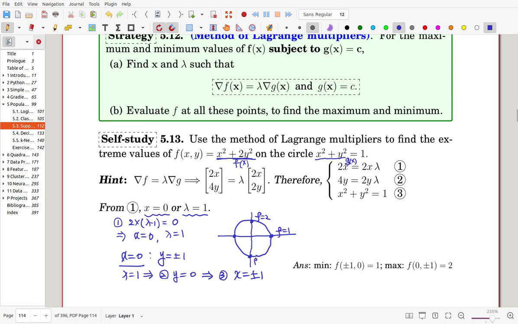And this point, again, f is 2. And that point, f is now 1. So maximum is 2, minimum is 1. Okay? So in this way, you can use the Lagrange multiplier technique.